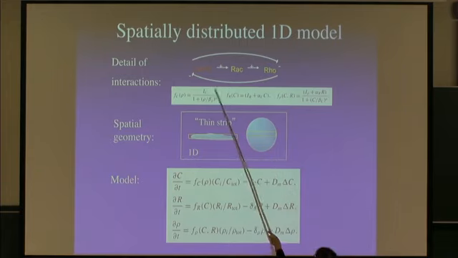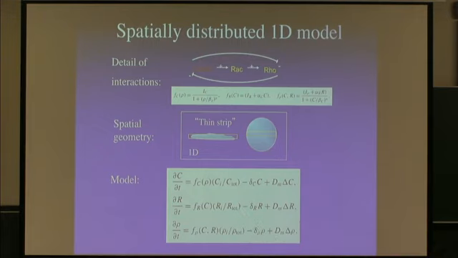We basically put these interactions into functional forms using typical inhibition and autocatalysis functions. 3 PDEs with diffusion, activation rates, inactivation rates of each of these 3 GTPases in 1 dimension.